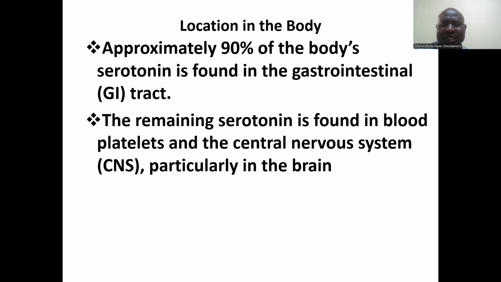Approximately 90% of the body's serotonin is found in the gastrointestinal tract, while the remaining serotonin is found in the blood, platelets, and the central nervous system, CNS, particularly in the brain.